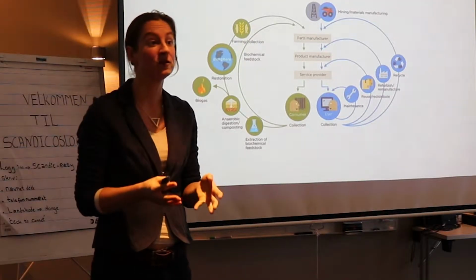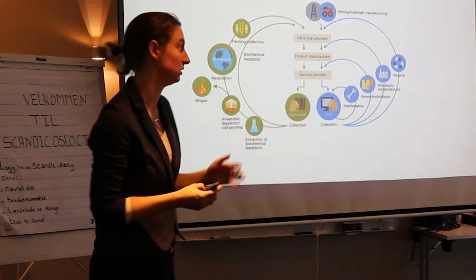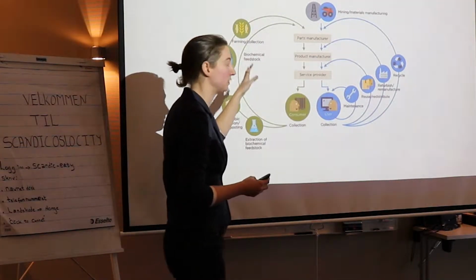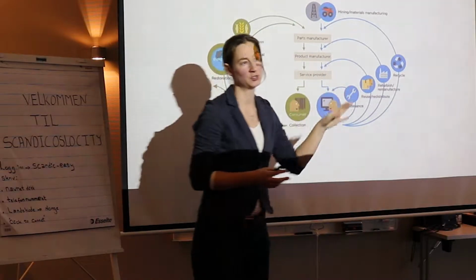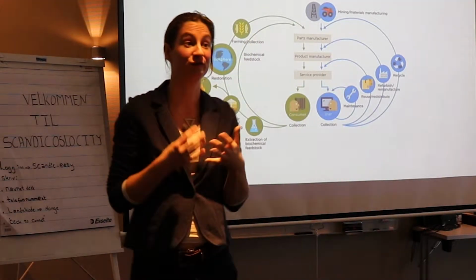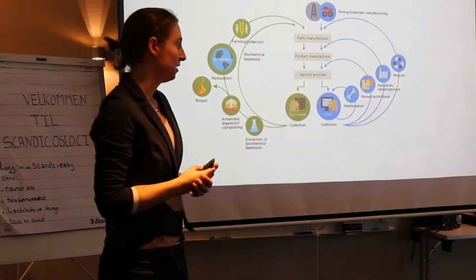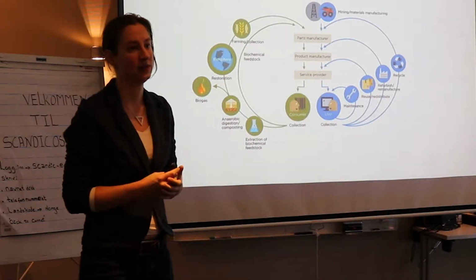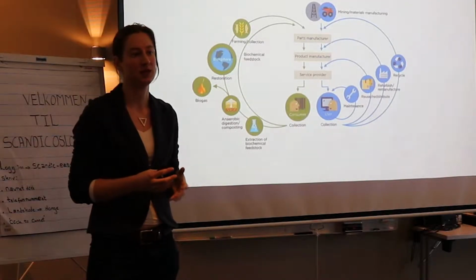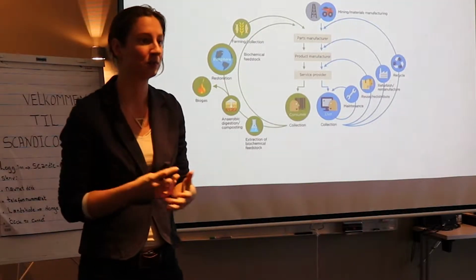One is that there are different materials to be thinking about, right? There's the biological materials that can be renewed, and there's the technological materials that are the finite materials that we find on our planet. The other thing is that there are different strategies to consider within those two realms.